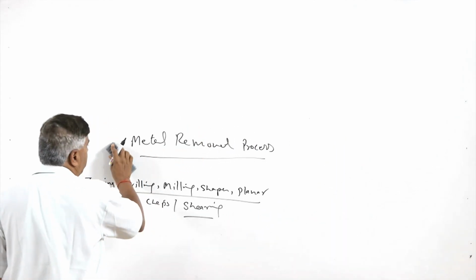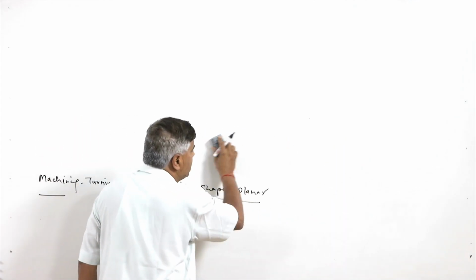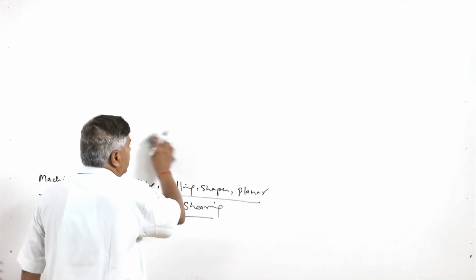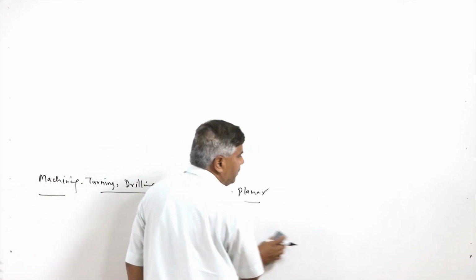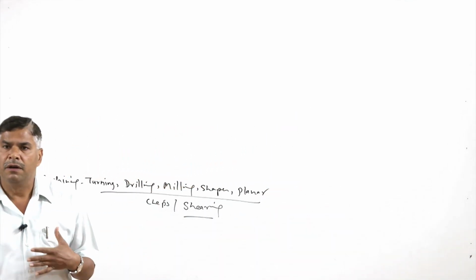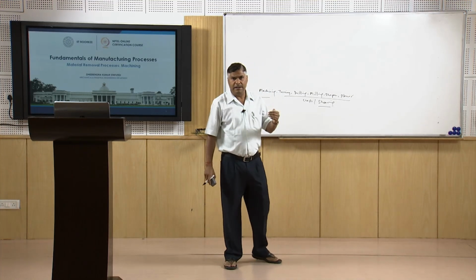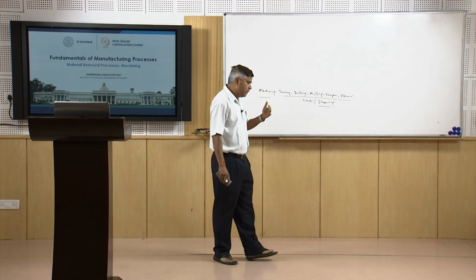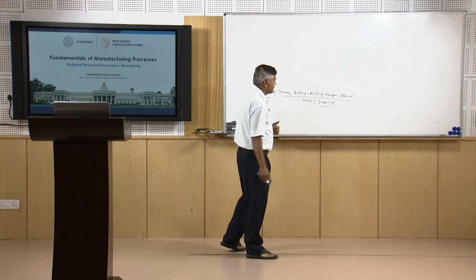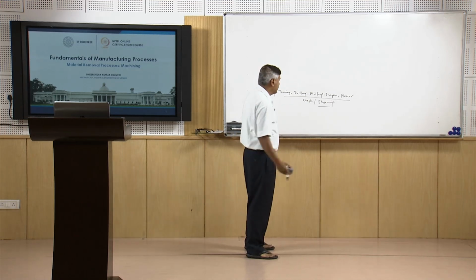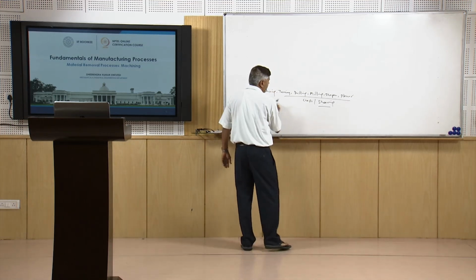While the abrasive based processes also remove the material, the metal removal rate is very low, but they help to achieve the very high degree of the surface finish, very low surface roughness and very close control over the dimensions.